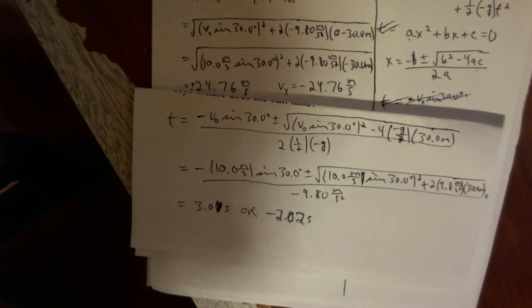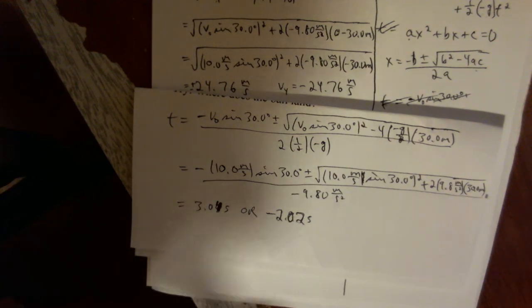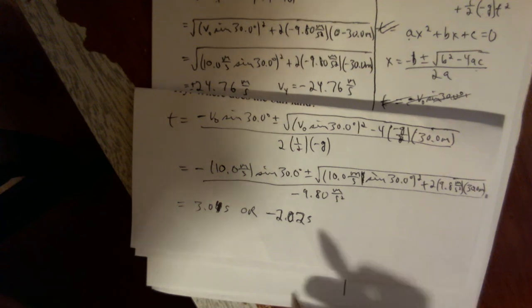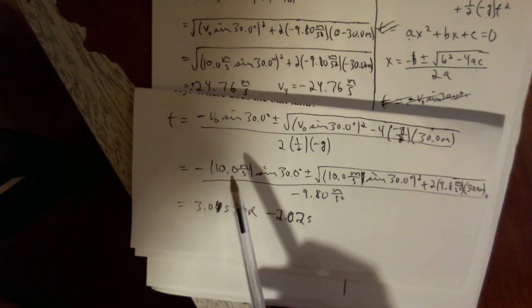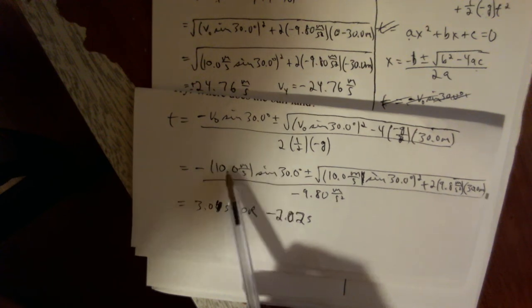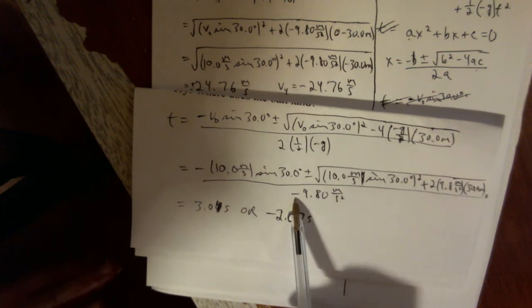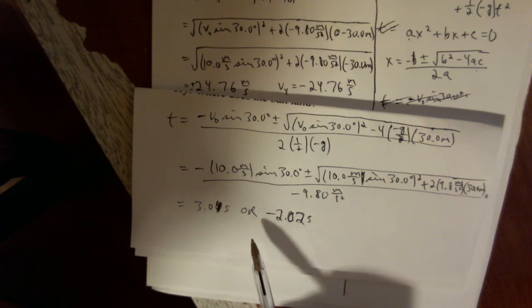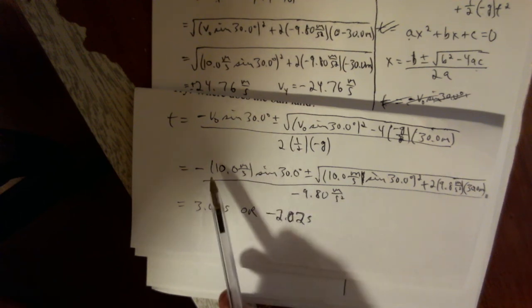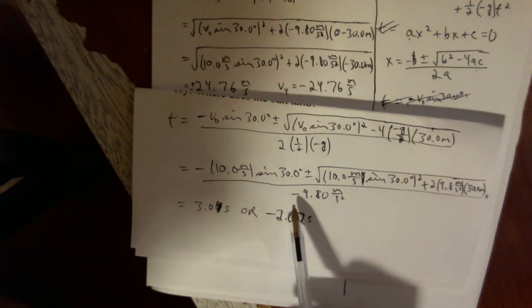Even if you've been doing this for several decades, these things still happen. Notice that one answer corresponds to minus 5 meters per second plus this, divided by negative 9.8. That's the negative 2.02 seconds one. The other one corresponds to minus 5 minus this, divided by negative 9.8.